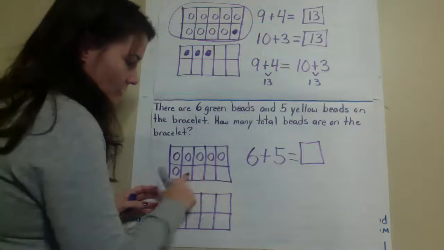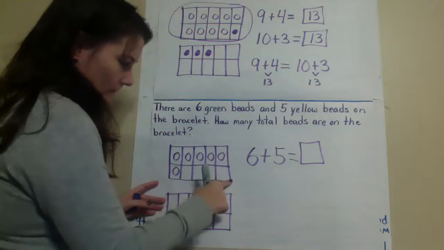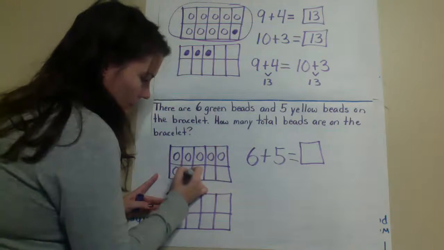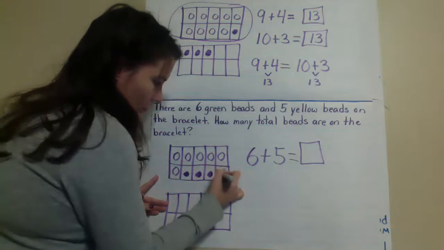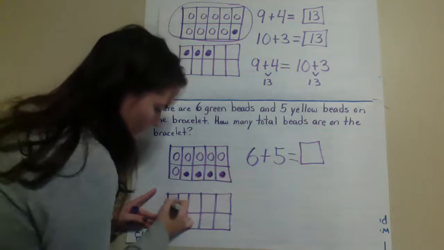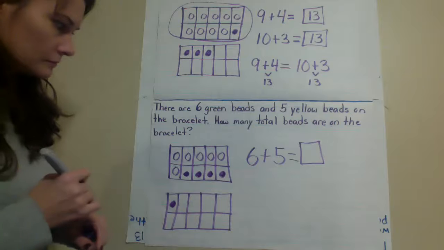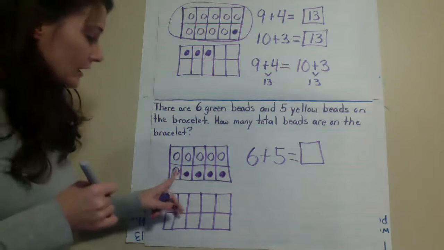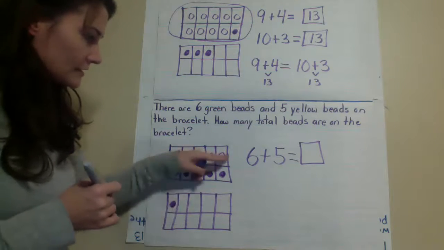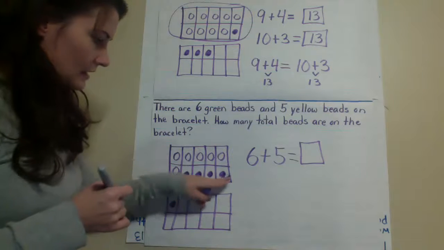Since I have some open spaces, I'm going to start up here. 1, 2, 3, 4, and 5. Now you'll notice that I colored my second number a different way so that I could tell that this was still 6 and this was still 5.